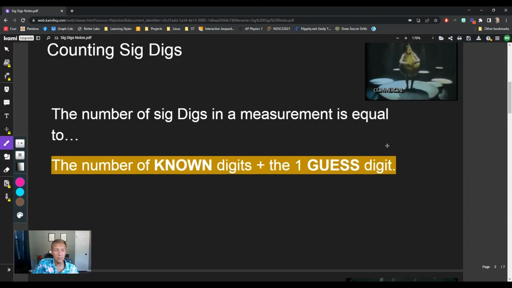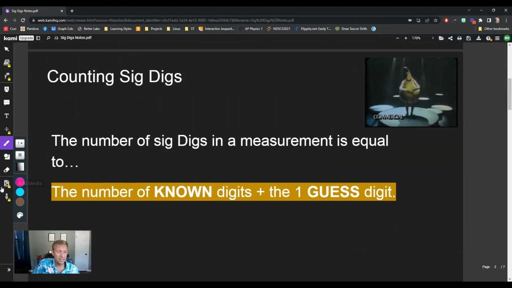For measurements in general, the number of sig digs is actually super easy to work with. It's the number of known digits plus the one guess digit. So everything that we know plus the one guess digit.